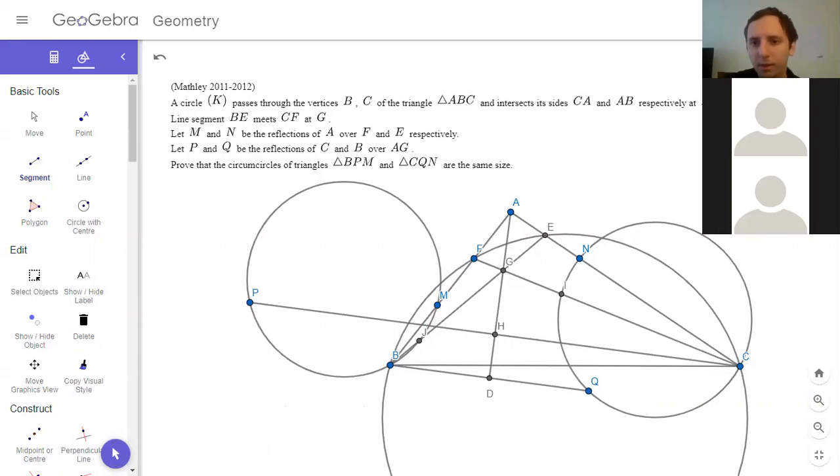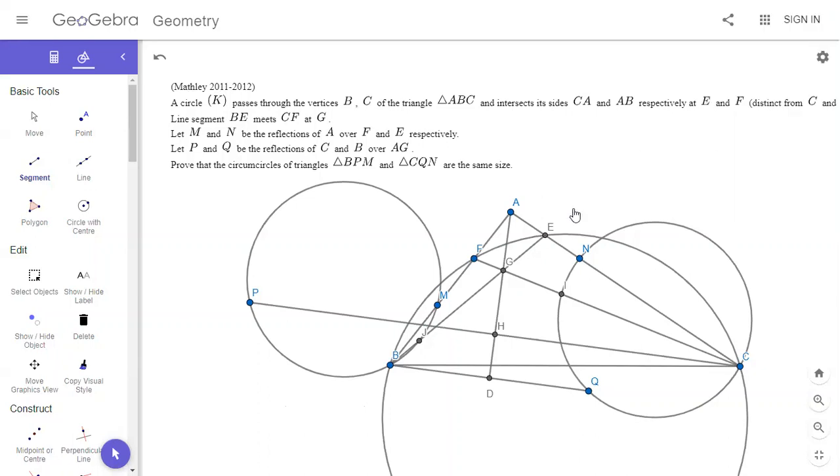We can extend AD, I mean, mark the intersection of PB and QC. Okay, one sec. We know by symmetry that it would lie on AD. Wait, so draw line BQ, you said? No, I said BP and QC.